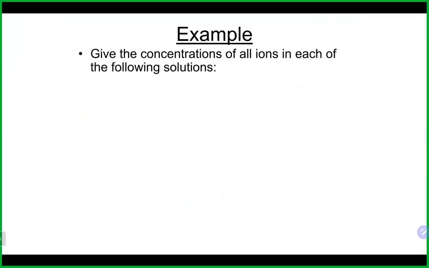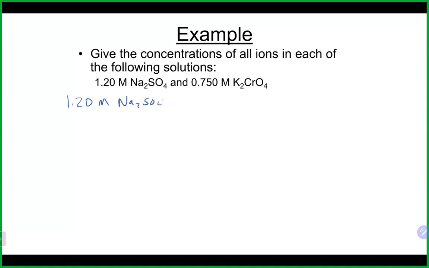Let's try another one here. In this case, we're actually looking for the concentration of just the ions, like we talked about earlier, for these two separate solutions. So for our 1.2 molar sodium sulfate solution, what is the molarity of the sodium ions and the molarity of the sulfate ions?